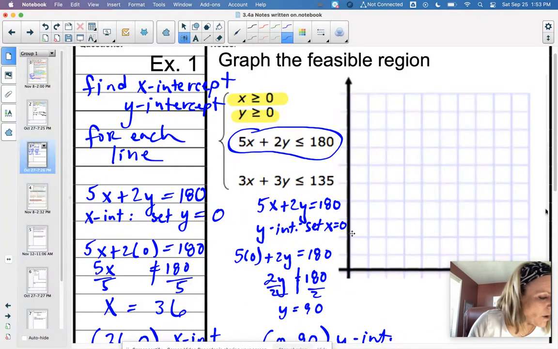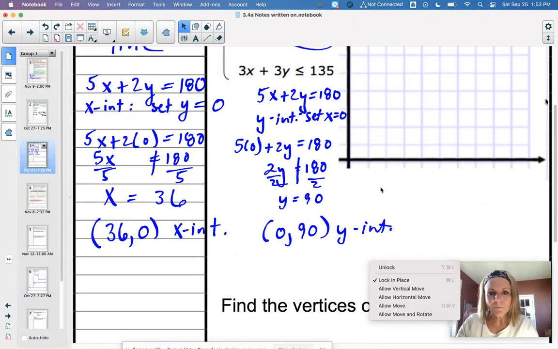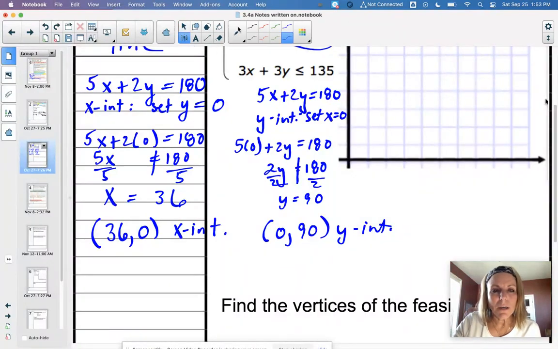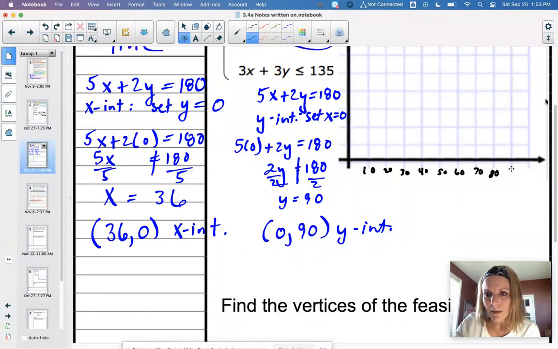And I think how I'm going to count on this graph, I'm going to count up by 10. Let's change my color for a minute. We're going to have this be 10, 20, 30, 40, 50, 60, 70, 80, 90, and 100.